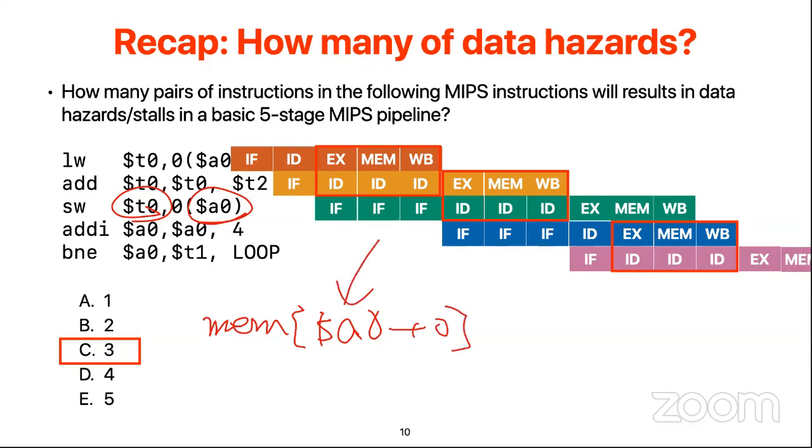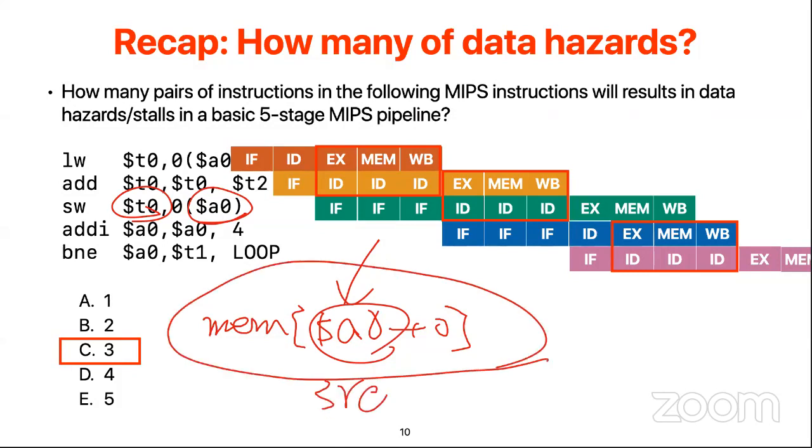So we are not storing to A0. In fact, we need A0 as the source for computing the effective memory address, and that memory is going to be the output. So A0 is completely a source. It's not even a target. Okay, makes sense.